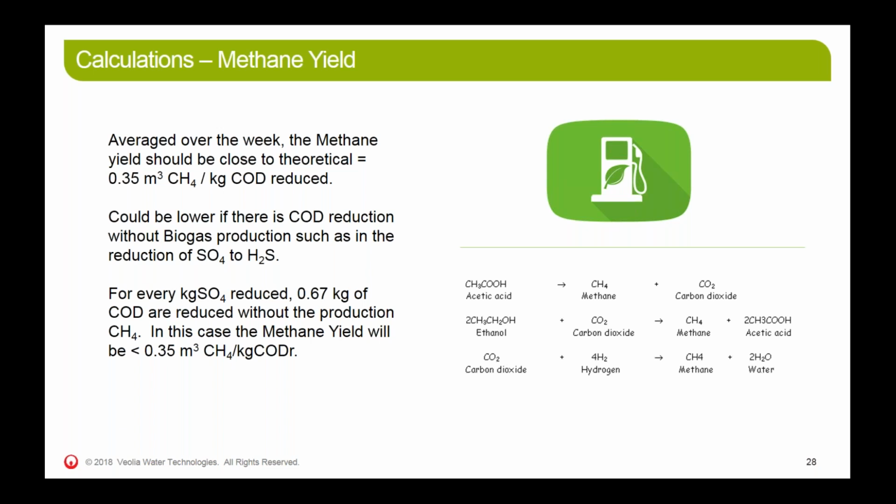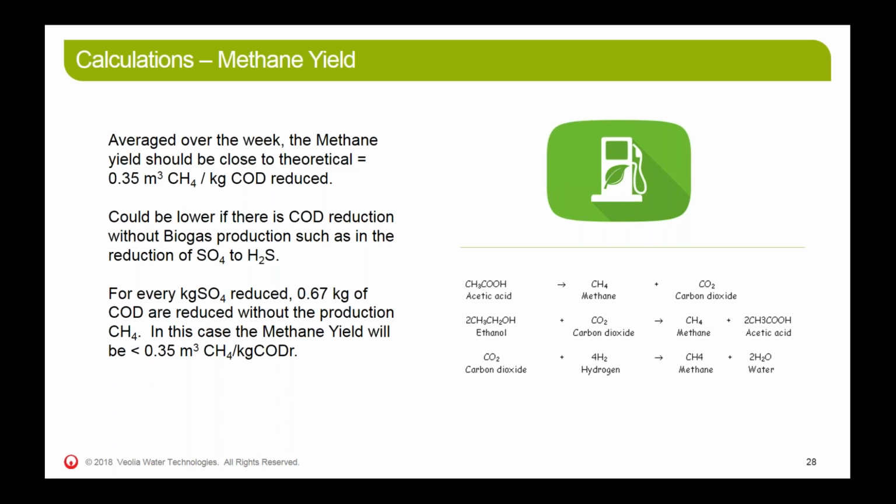Is my biogas meter correct? Are my COD readings correct? You can take your mass of influent COD, your mass of COD in the effluent, which is really just a difference in concentrations. And for every kilogram of COD that you remove in your system, or destroy in your reactor, there should be 0.35 meter cubed of methane gas created.